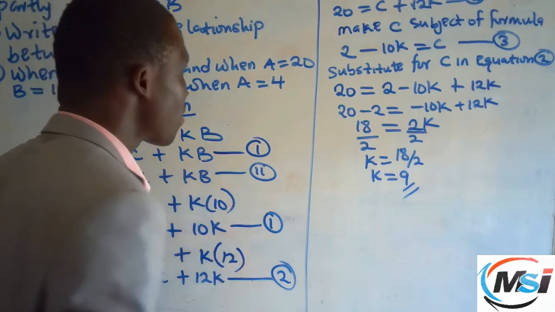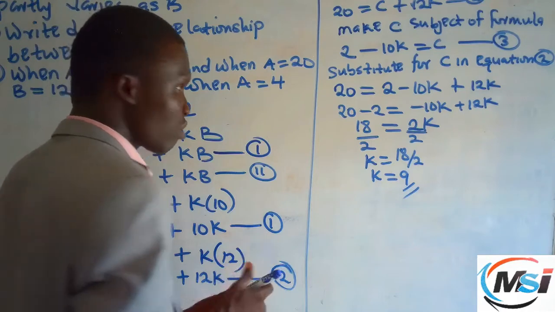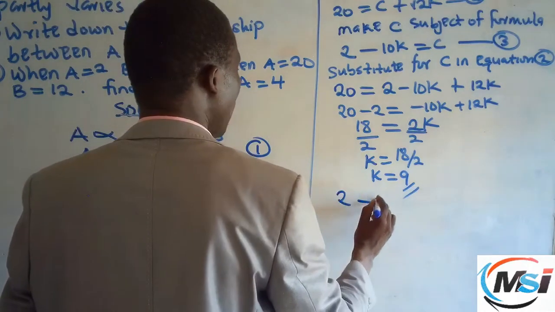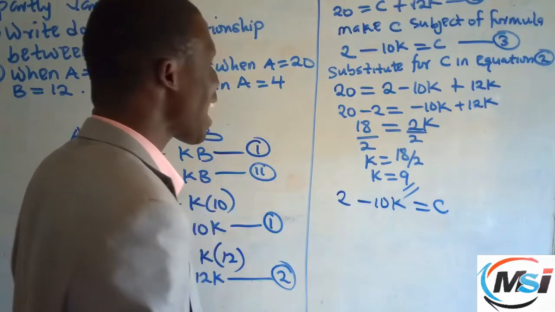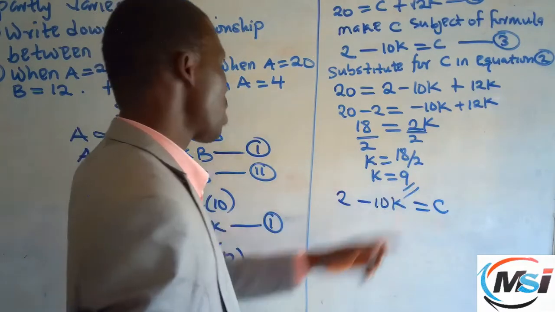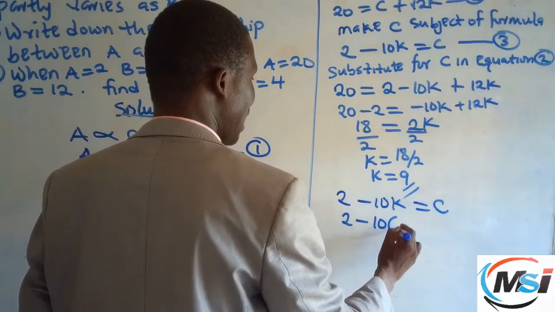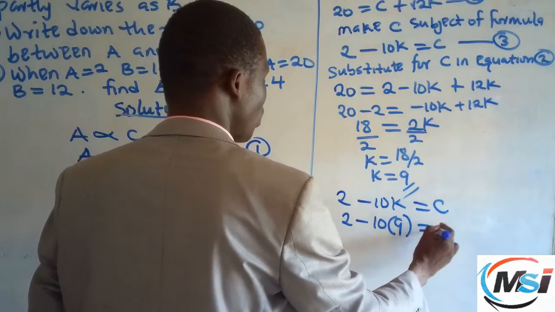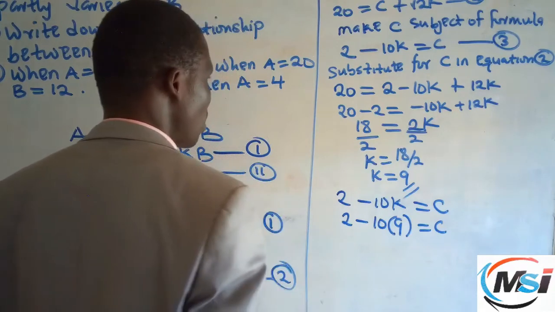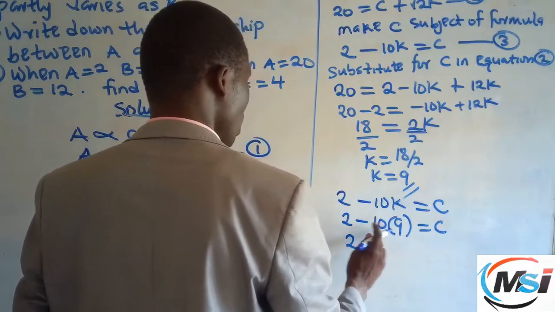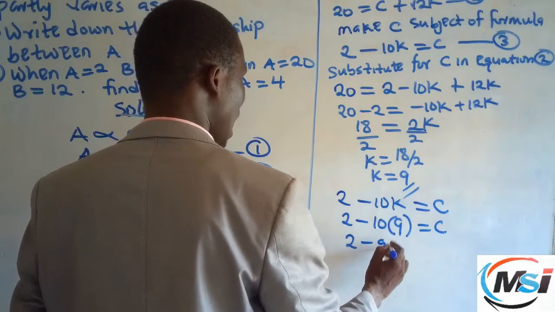To find C, you need to go back to equation 3. And what is our equation 3? It is 2 minus 10K equals C. So you substitute for K in equation 3, which will give us 2 minus 10 bracket 9 equals C. Now, you need to be very careful here. 10 times 9 will give us 90.